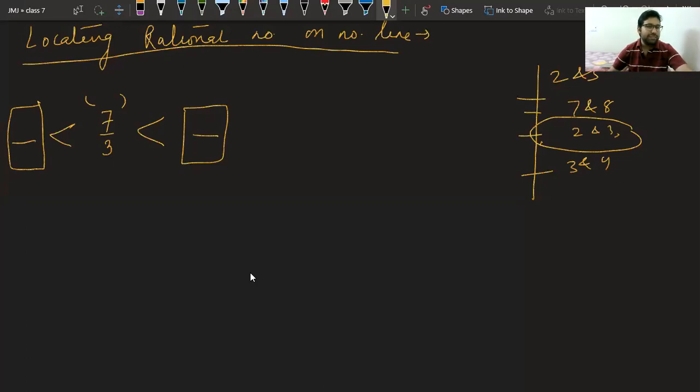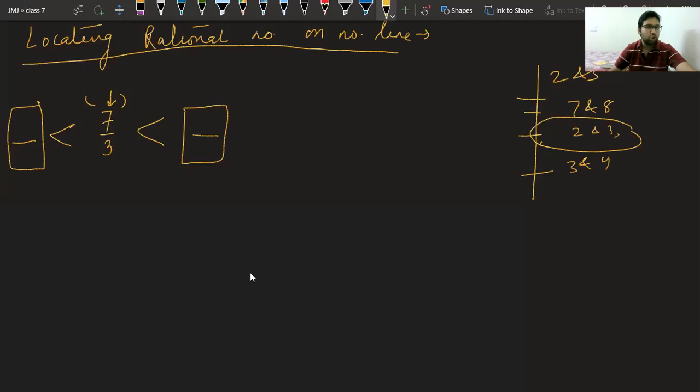What is the minimum number that I should add in 7 so that it becomes divisible by 3?